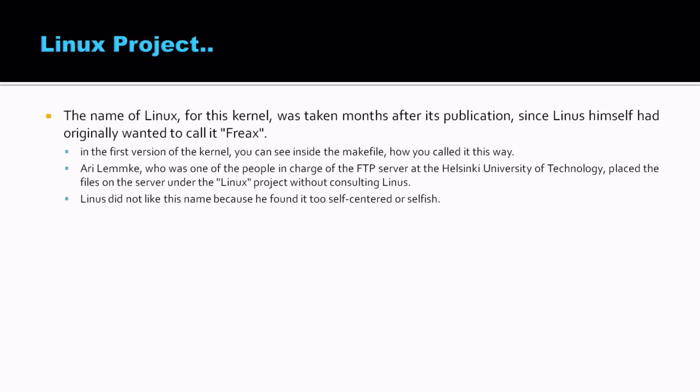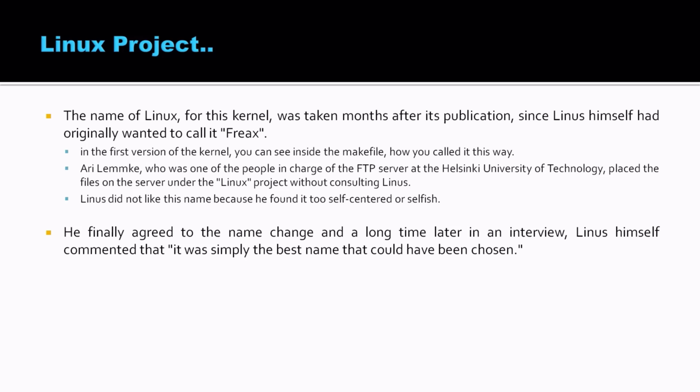Linus did not like this name because he found it too self-centered. He finally agreed to the name change, and a long time later, in an interview, Linus himself commented that it was simply the best name that could have been chosen.